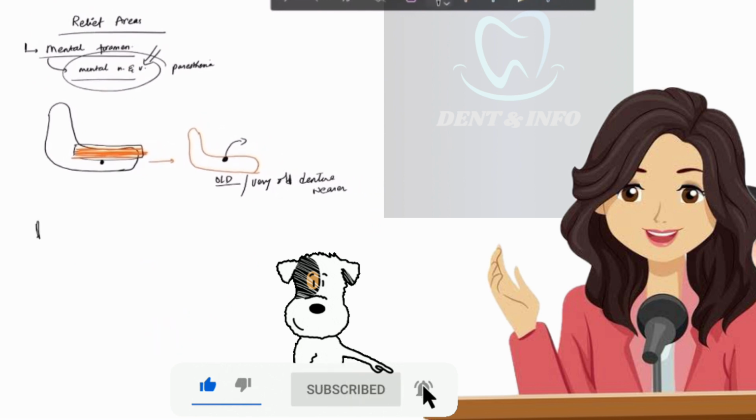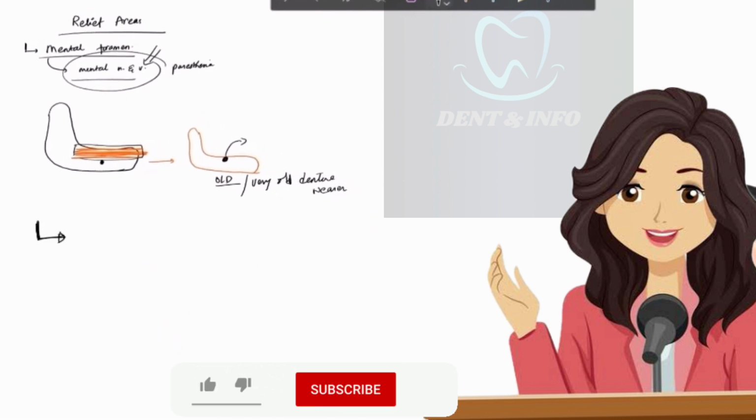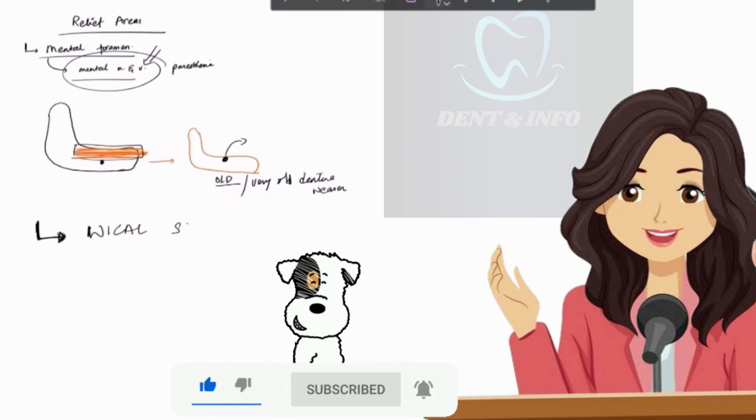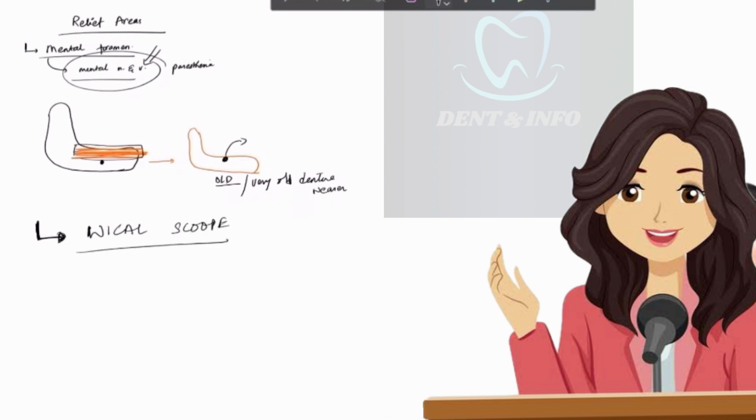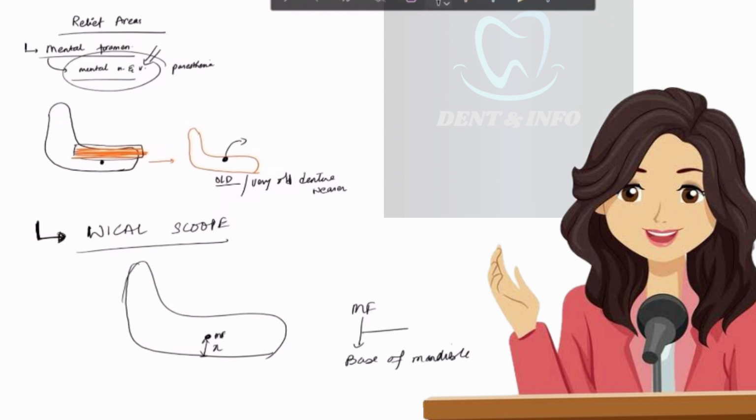So another applied question, I recently said it to you, we will teach you certain extra questions also, is a study done by Vikal and Scoop. What does Vikal and Scoop say? If you want to identify the resorption that is happening, or rather the original height of mandible, consider the distance from the mental foramen to the base of the mandible as x.